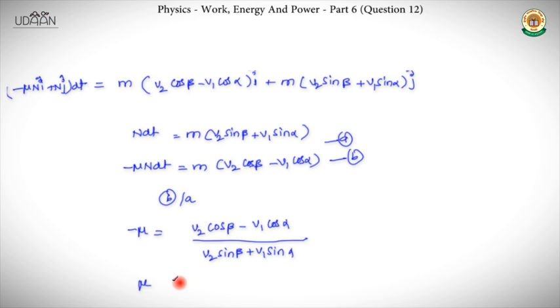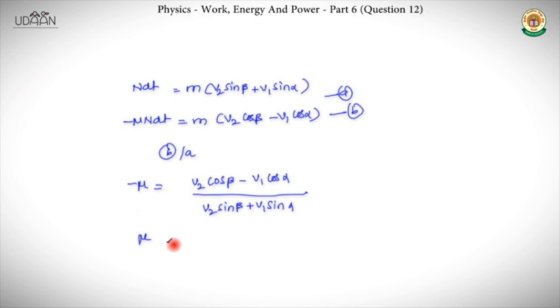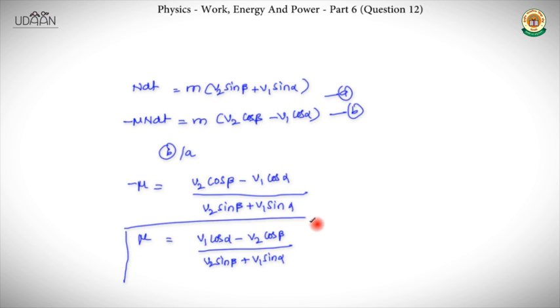Taking the negative out of both sides, mu is equal to (v1 cos alpha minus v2 cos beta) by (v2 sin beta plus v1 sin alpha). So this is the mu k, kinetic friction of the surface.